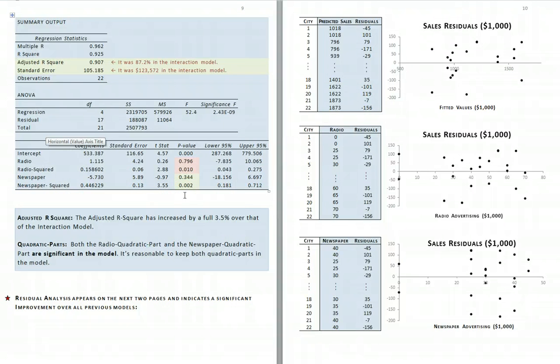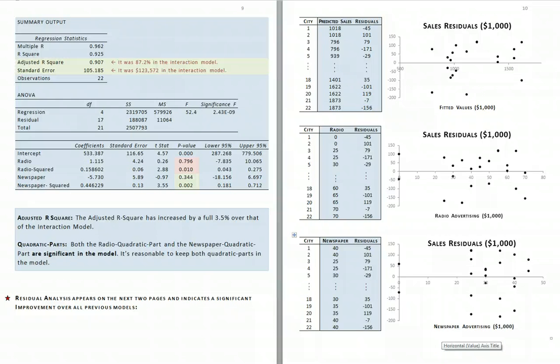And as with the radio and radio squared, most model builders would keep both the newspaper and newspaper squared variables in the model. Keeping the second variable, radio or newspaper, is costless. There's no additional data collection required. The residual analysis appears on the next page and the page following that.